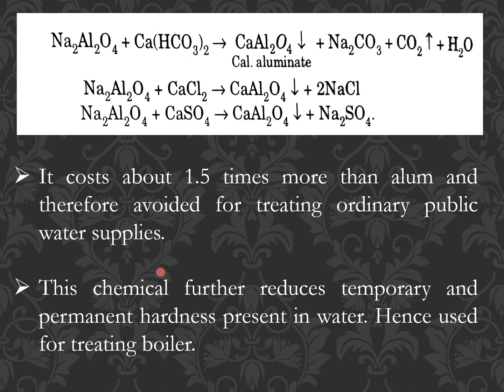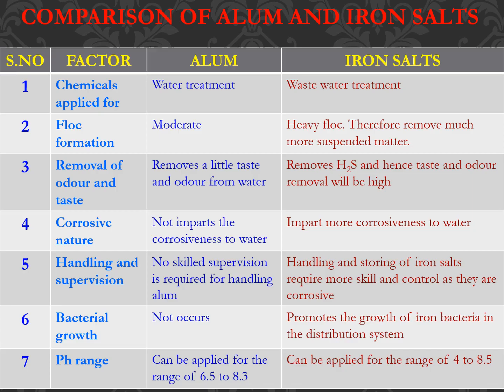It will be costly, so normally it is not used. Okay. This chemical reduces the temporary and permanent hardness present in the water, hence it is used in treatment of boilers. In boilers, to remove the hardness, this chemical is mostly used, but not in public water supplies.